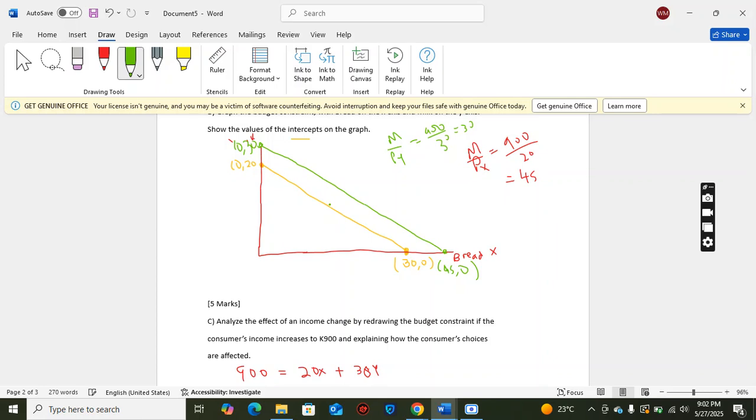So you're seeing we have a shift now, because you've got more income now, you can buy more of the goods. So how the consumer's choice is affected: since they can now buy more of the goods, they can make the choice to buy more now. Or if the income reduced, then it means they can buy less.